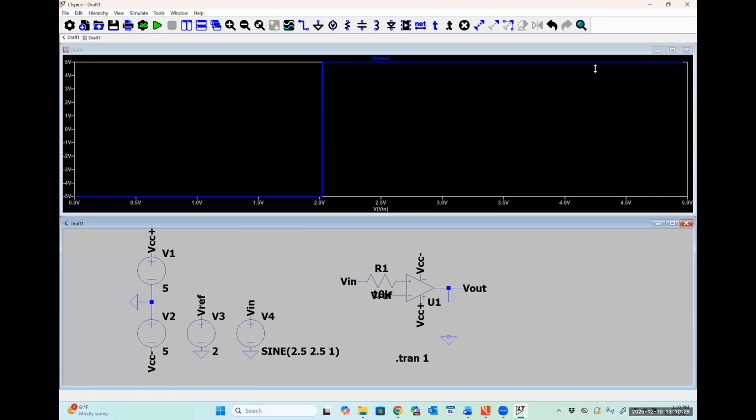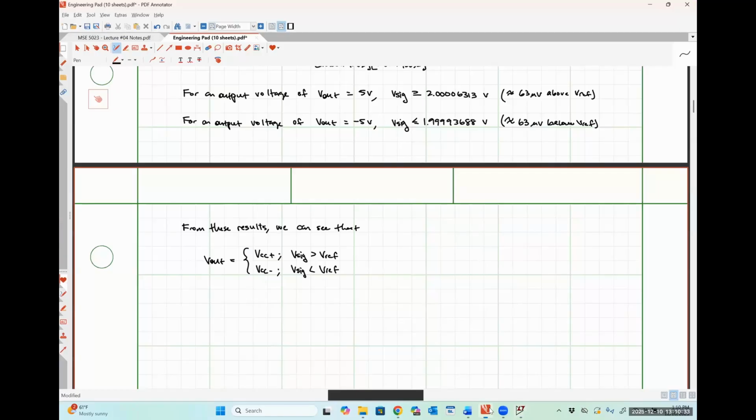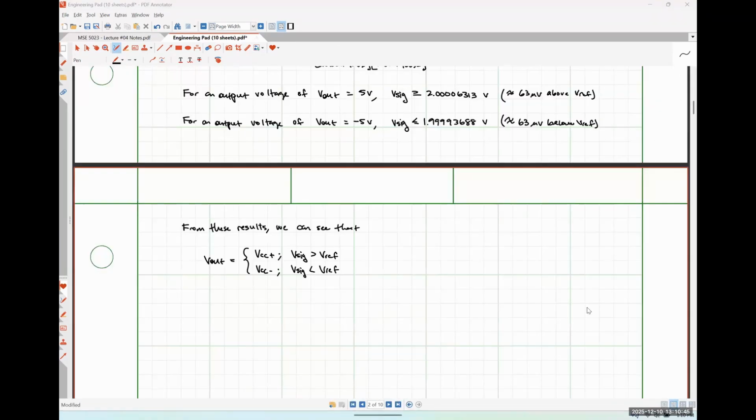Okay. So now let's talk about the non-inverting comparator. Excuse me, the inverting comparator, because we've already talked about the non-inverting comparator.